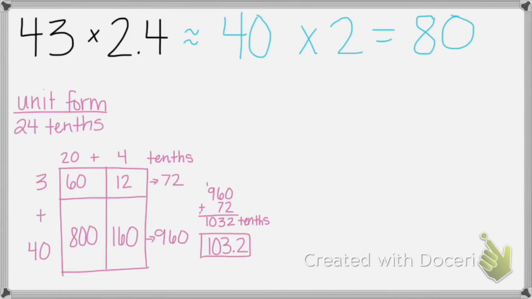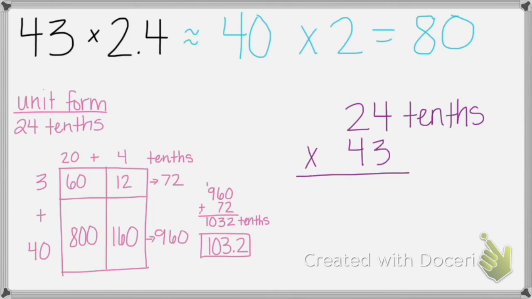So that is the 3rd step students will take when solving these problems in this lesson. Students will be writing their decimal first in unit form. And so they'll be setting up their problem just like this.